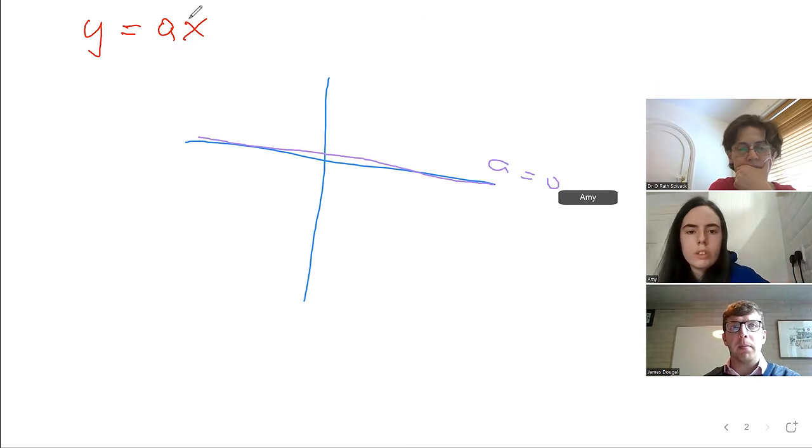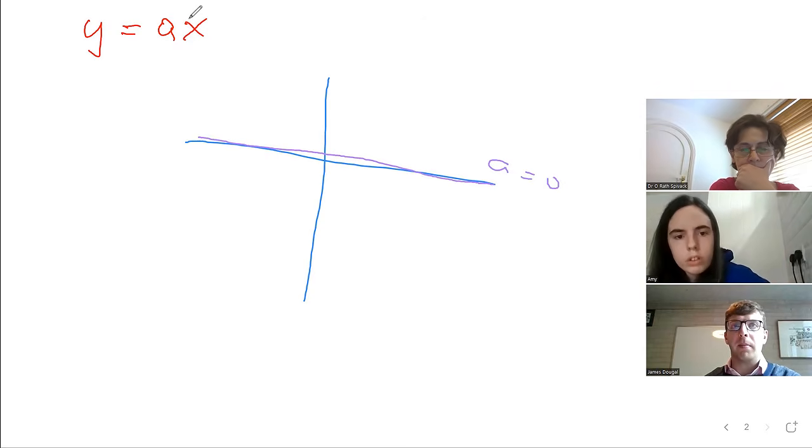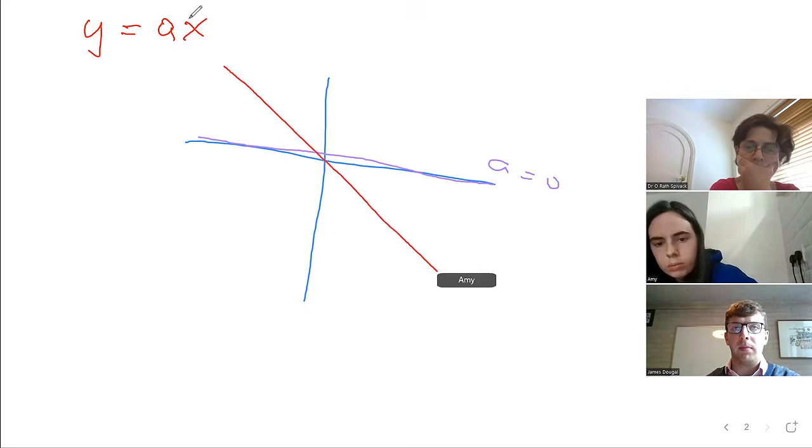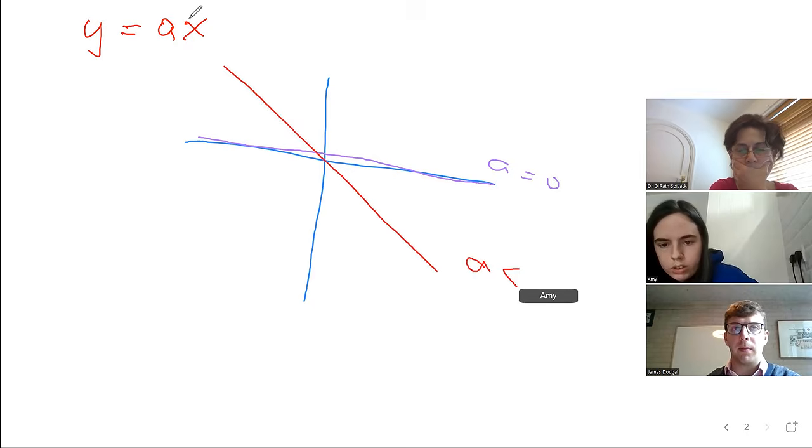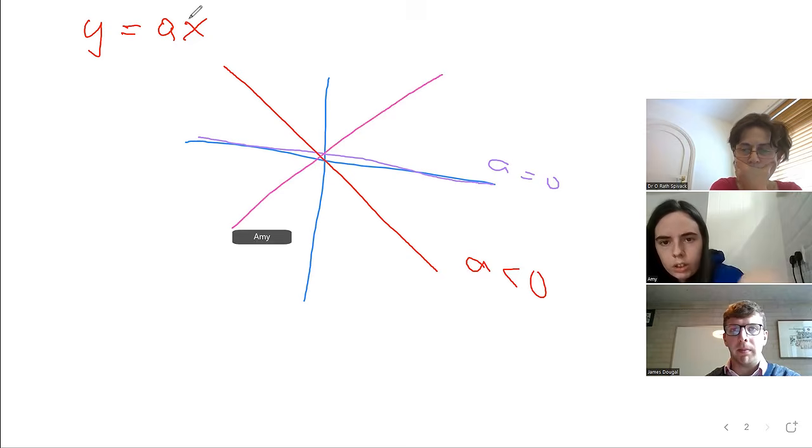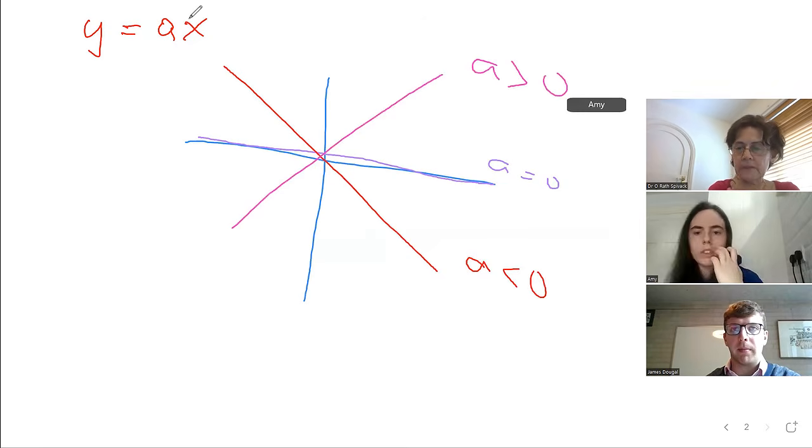If a is negative, so if a is less than 0, then it will always pass through 0, 0. And if a is greater than 0, it's going to look like that. So as a tends to positive infinity, the line will get steeper.